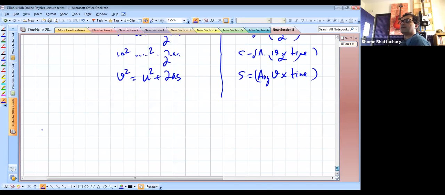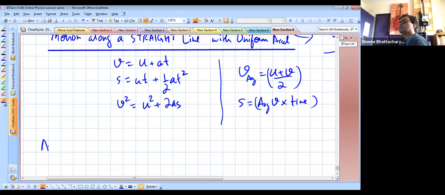So these were now, as an application of this, we will see vertical motion. Vertical motion under the influence of gravity.